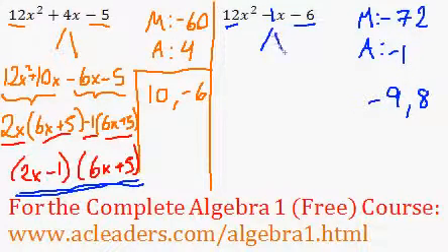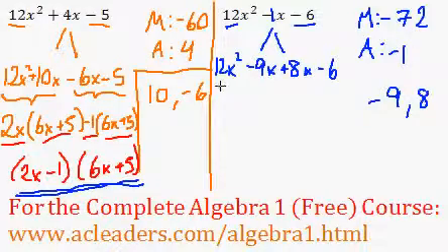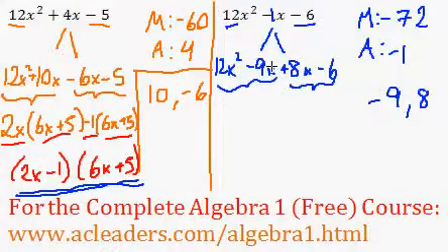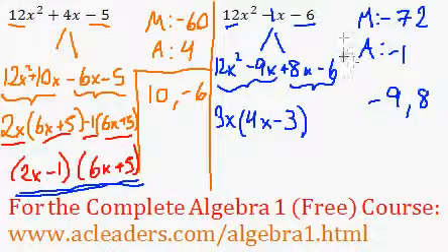So let's split up the negative 1x into negative 9x plus 8x. I'll bring down the minus 6 and the 12x squared as well. Now I can pair and group these terms individually, and from 12x squared minus 9x, I can factor out a 3x, and 12x squared divided by 3x is just 4x, and negative 9x divided by 3x is just negative 3.